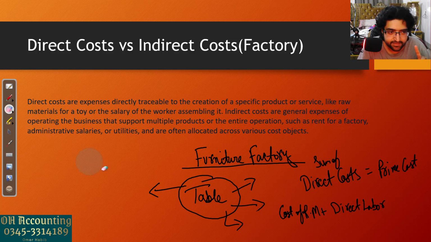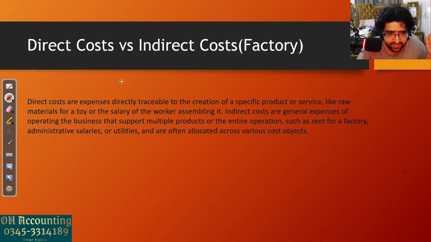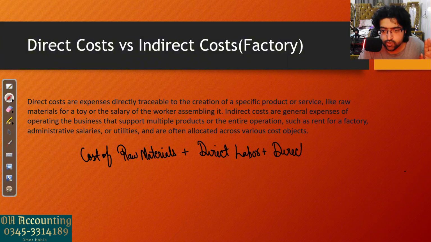One second, let me write it here. Let's erase this and let me tell you one more time what prime cost is. Direct material or raw materials, cost of raw materials plus direct labor cost plus any other direct expense such as royalties or hire of a special machine and such.